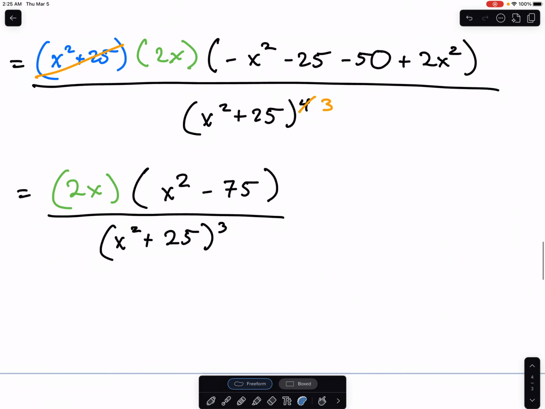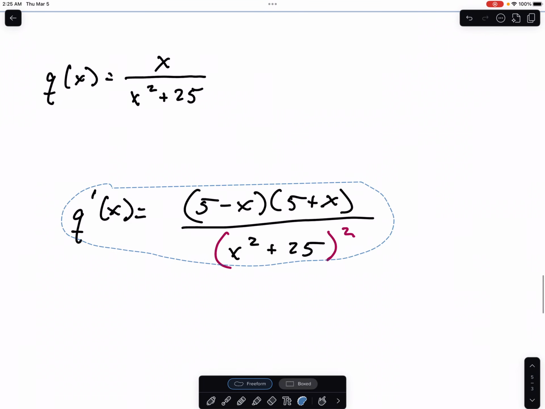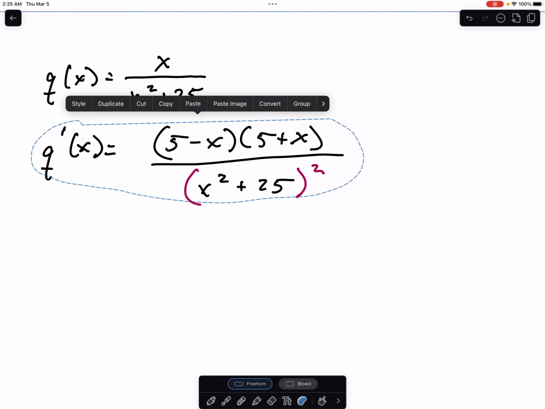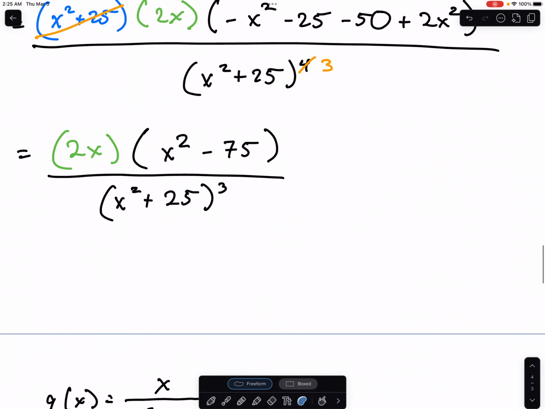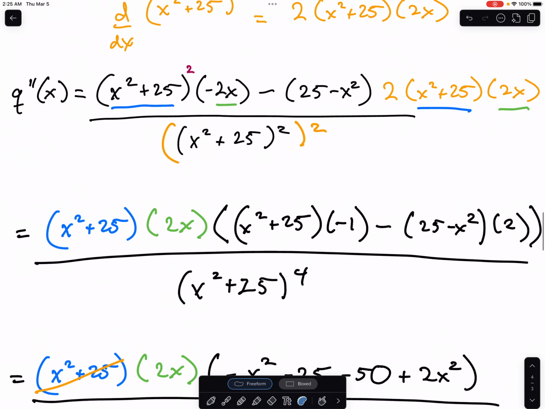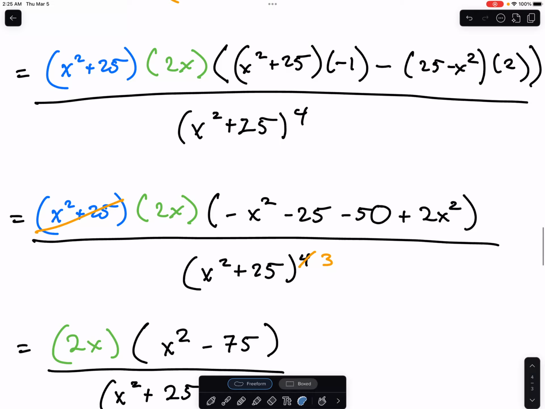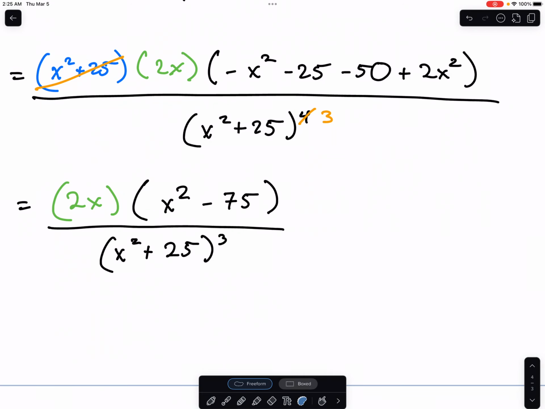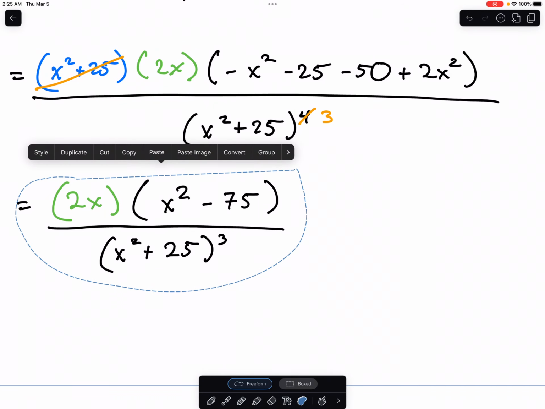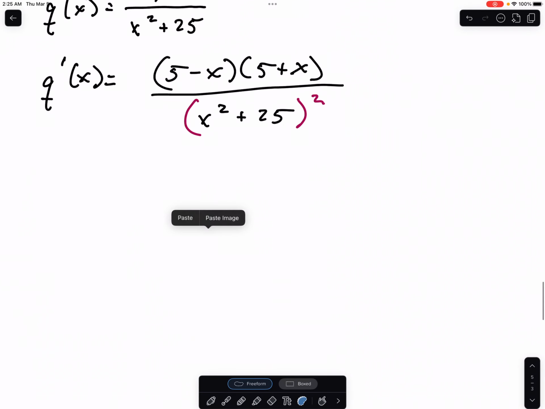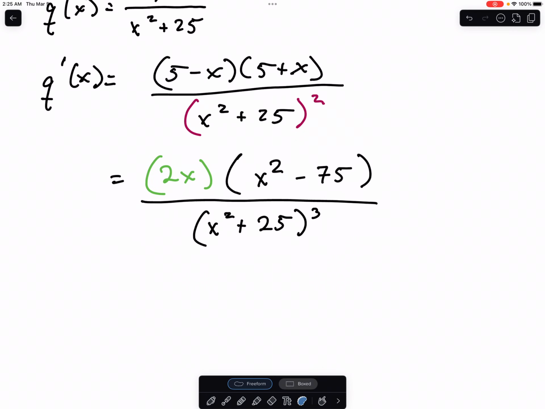Copy and paste. Okay. And then let's get a copy of Q double prime. Copy, paste. And again, this is Q double prime of x, right?